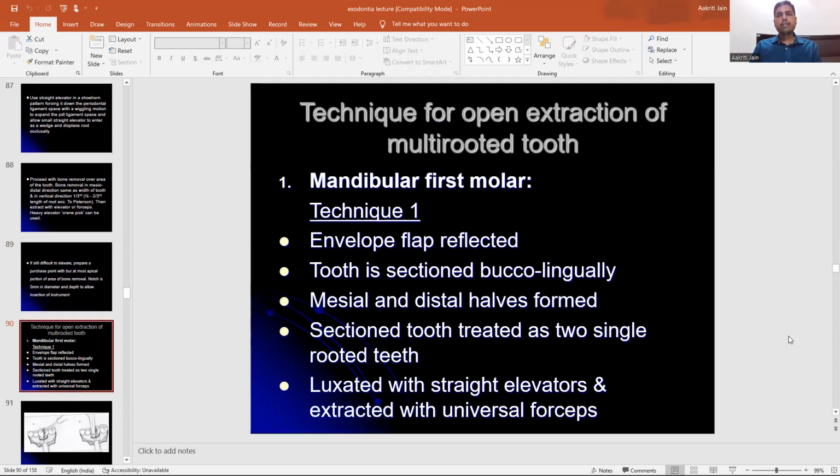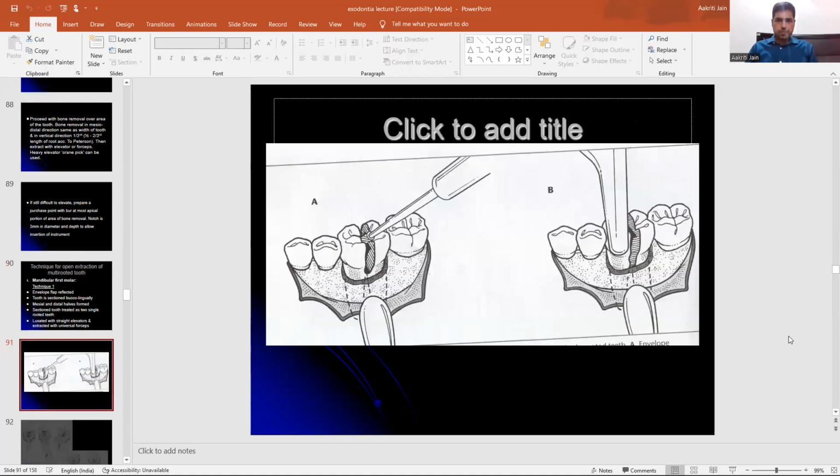Now the technique for open extraction of a multi-rooted tooth, in the case of a mandibular first molar. Technique number 1: an envelope flap is reflected first. The tooth is sectioned buccolingually, and mesial and distal halves are formed. The sectioned tooth is treated as two single-root teeth, luxated with a straight elevator and extracted with universal forceps.